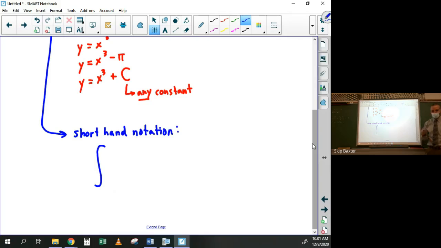If this was typed text, it's bigger than the line of text, it's taller. So 3x squared, and then dx.